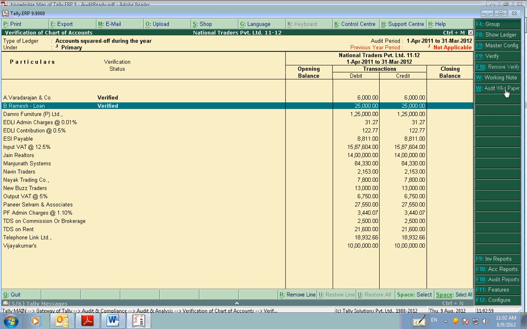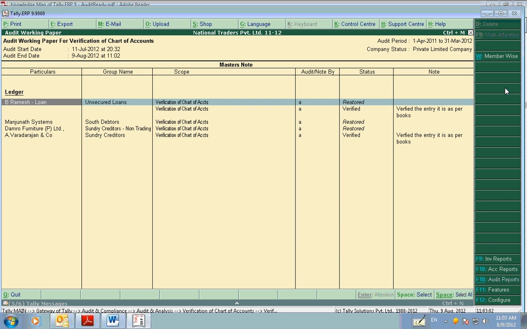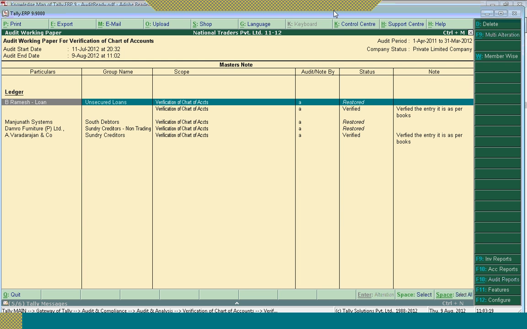Now we have the option here, audit working paper. The moment which we did, it was Ramesh loan, unsecured loans, under the scope of verification of chart of accounts, who actually did this, and you have the option of coming over here. Right? So all are able to follow?